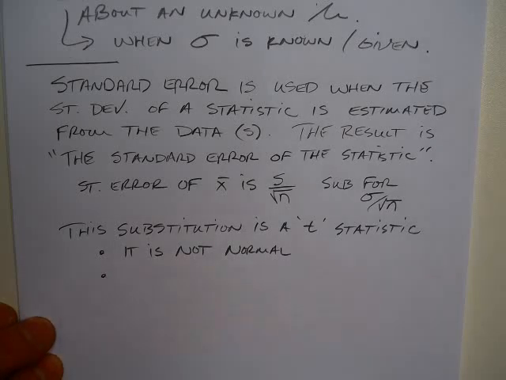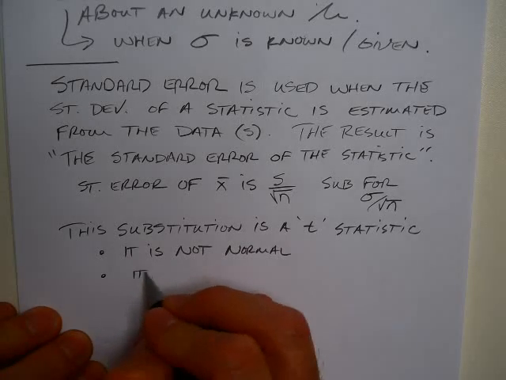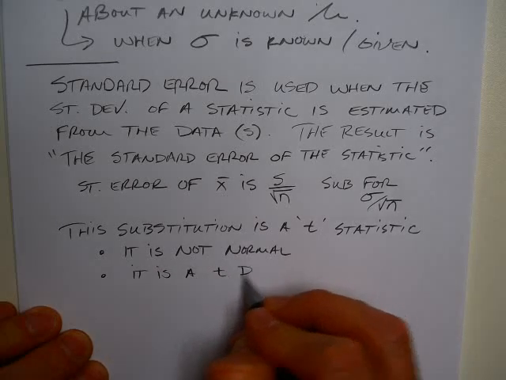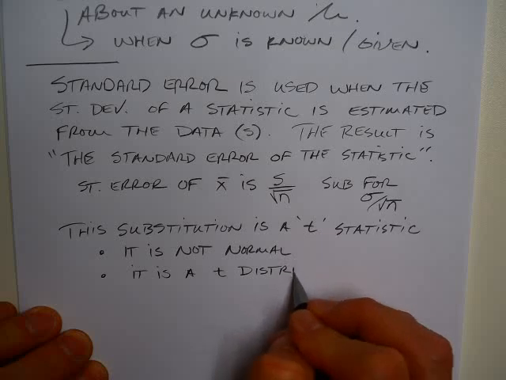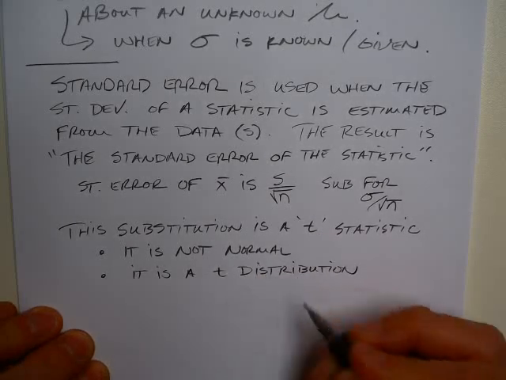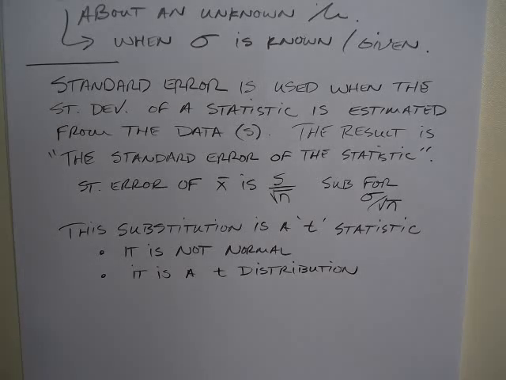What it is, is a t distribution, which means that it has its own shape, it's just not normal. Which makes our life easy, actually.